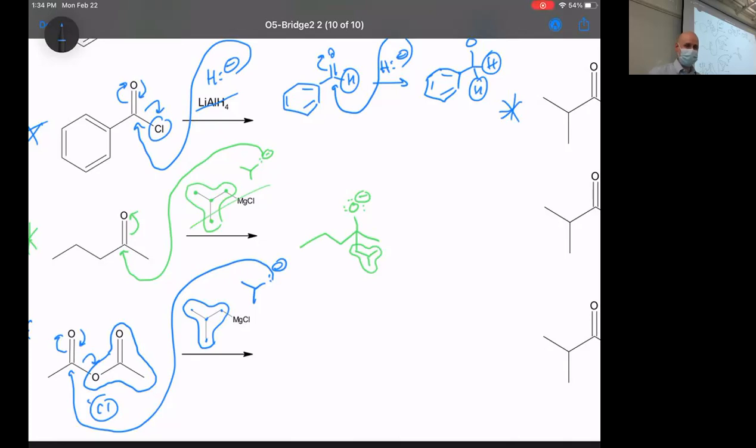So if you attacked the carbonyl on the left and kicked off the right half, or if you attack the carbonyl on the right and kicked off the left half, you'll get the same thing. It'll just look backwards. But either way, it's going to be the same thing. We're going to kick off your leaving group and replace it with that new carbon chunk, which looks like this. Make sure you get all your carbons in there.